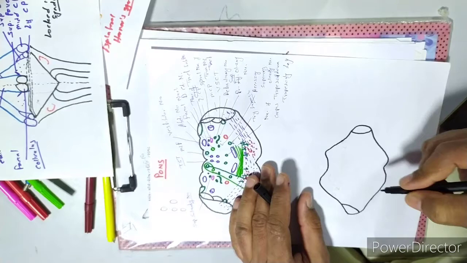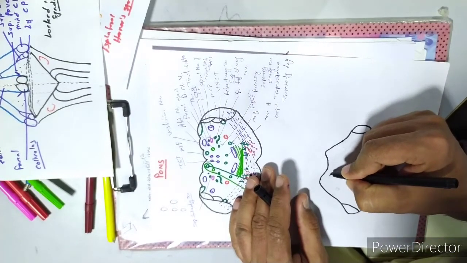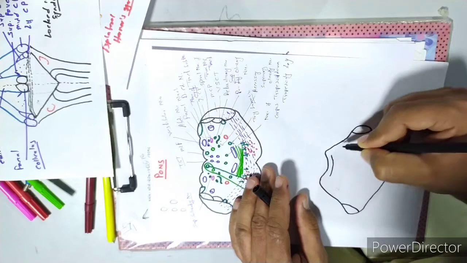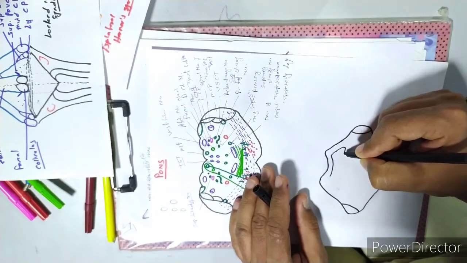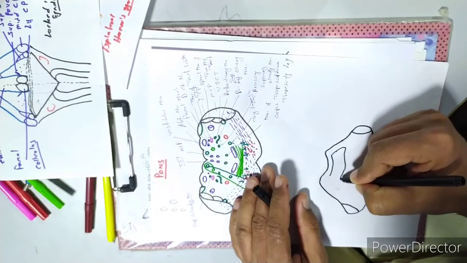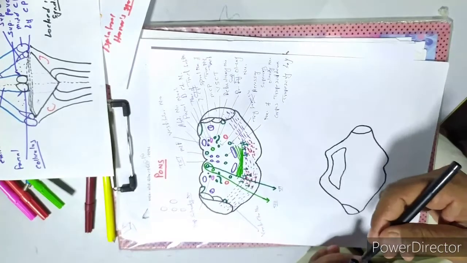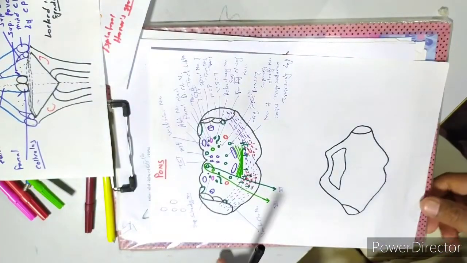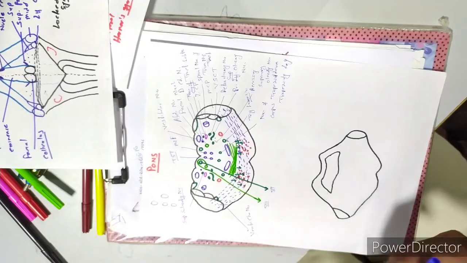There is no inferior cerebellar peduncle now. And the small cavity of the fourth ventricle is seen. Okay, now in this, what you will see is the blue color.